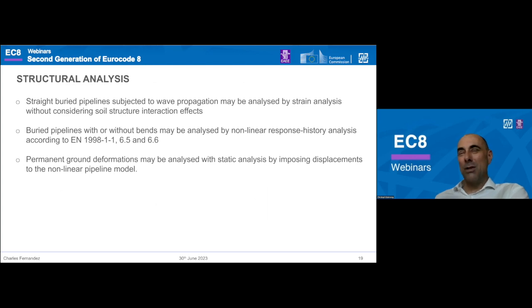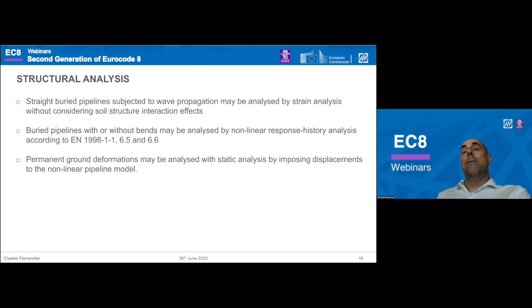The problem is always if you have anchorage points, if you have a jump in the geometry, a jump in the stiffness. So these are the crucial points, but the straight parts of the pipelines are usually not so decisive. Therefore, I can recommend to use this strain analysis that can be easily applied.